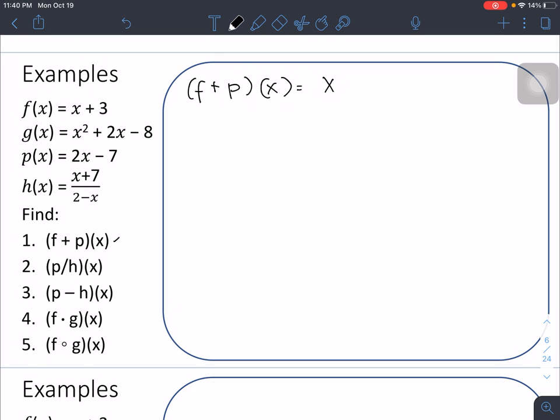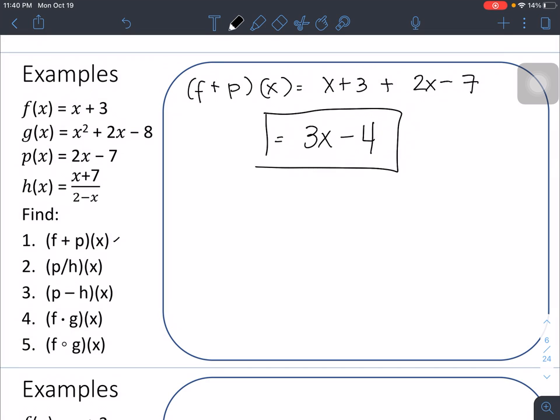So this will be x plus 3 plus the p function, which is 2x minus 7. Combine like terms, so this will be 3x minus 4. This is our answer for the sum of the f of x function and the p of x function.